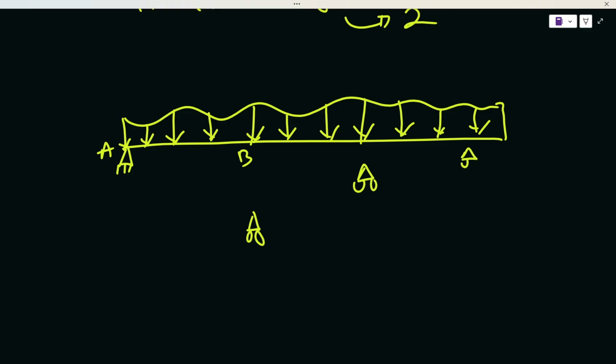Now, if we go back to our elastic curve tutorial, I haven't published it yet, but I will do that soon. But you know that the elastic curve for this would be something like this.